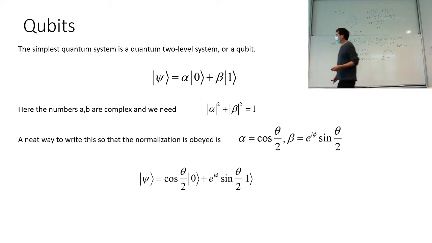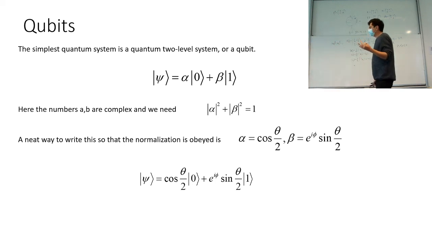A neat way to parameterize this: two complex numbers actually have 4 real numbers in them, the real and imaginary parts of alpha and of beta. If we demand they satisfy this, there are actually only 3 effective parameters.